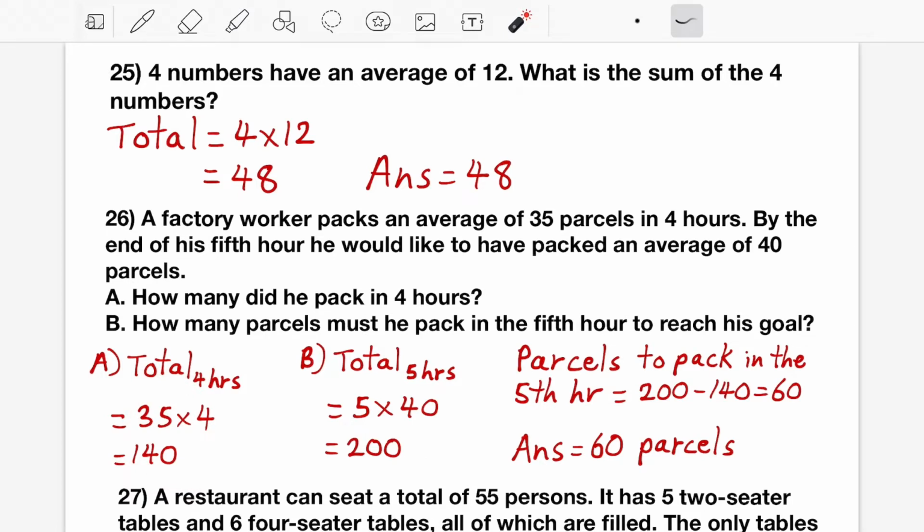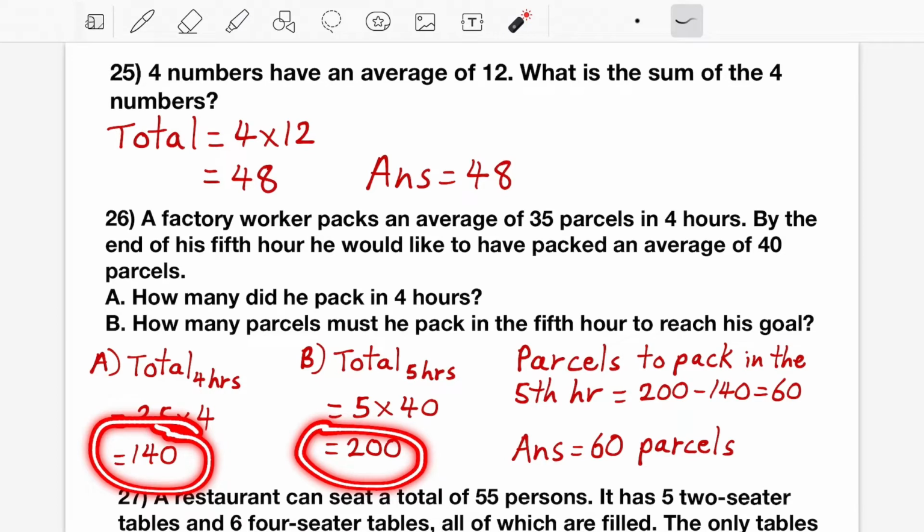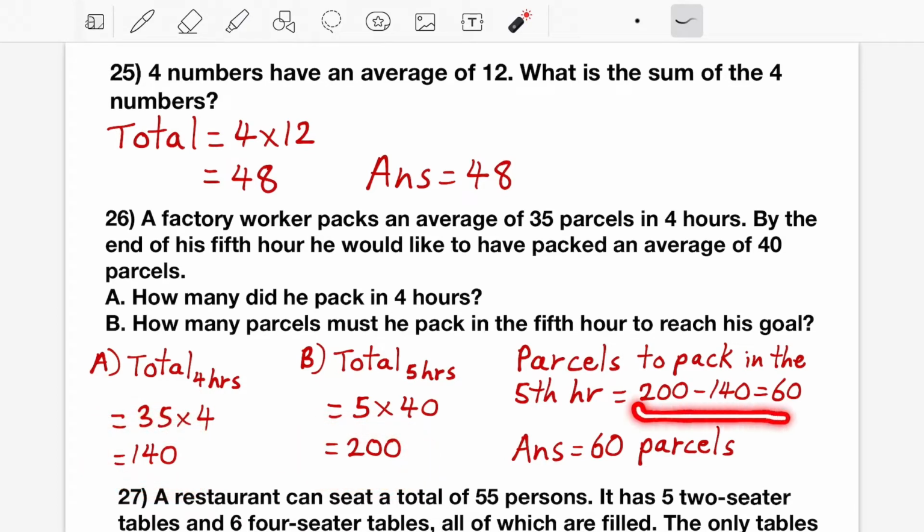Right, remember we said average times amount of numbers will give you the total. And similarly for the total of the 5 hours, we'll have 5 times 40. So the 5 numbers subtract the 4 numbers will give you the amount in the 5th hour. And that will be 60 parcels.